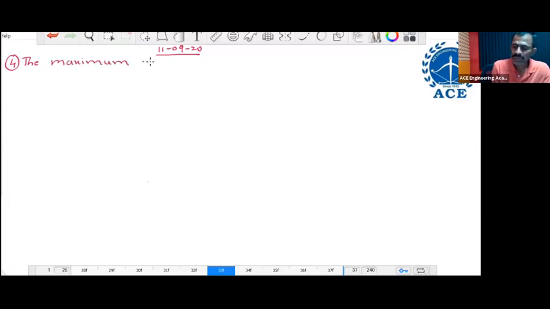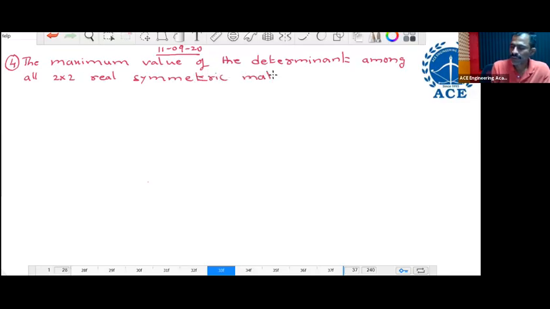The maximum value of the determinant among all 2 by 2 real symmetric matrices with trace 10 is.